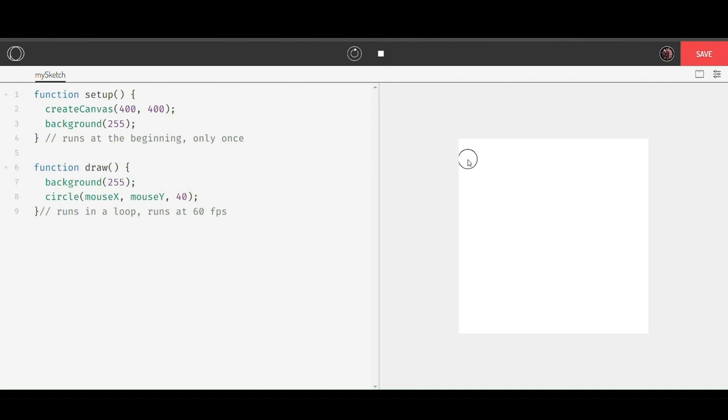So what I want to show is that when I'm creating canvas, there are many ways to create canvas. I can put pixel values manually.